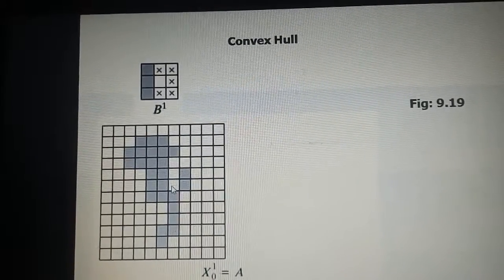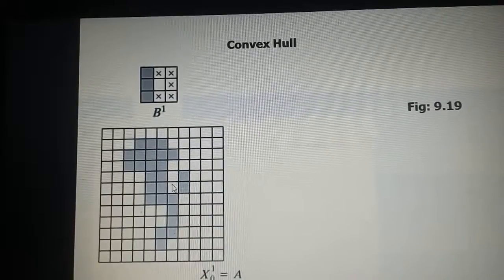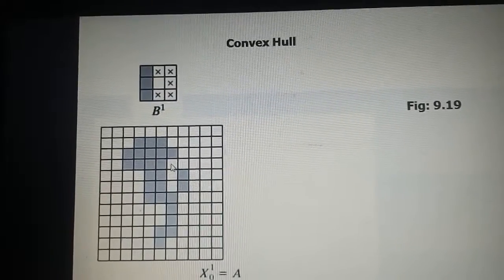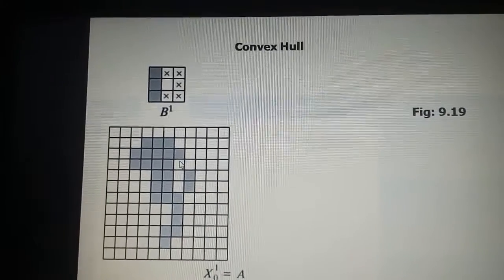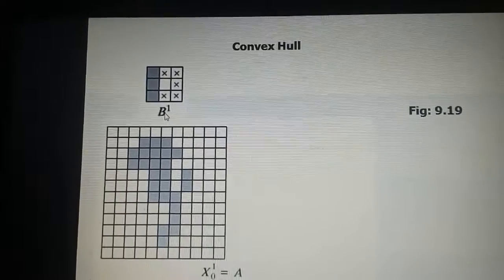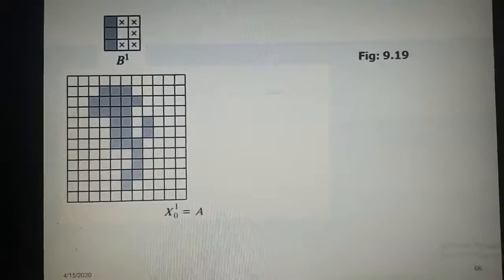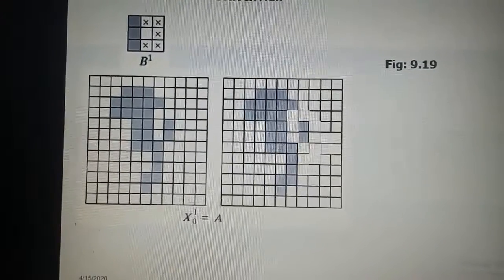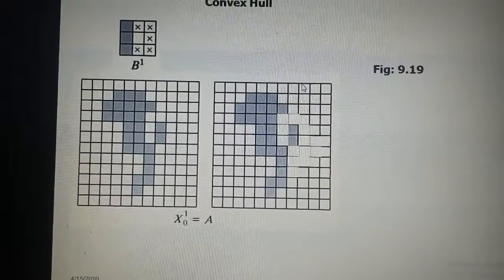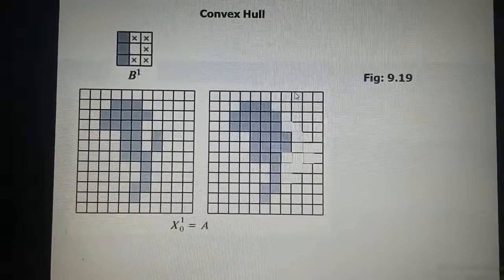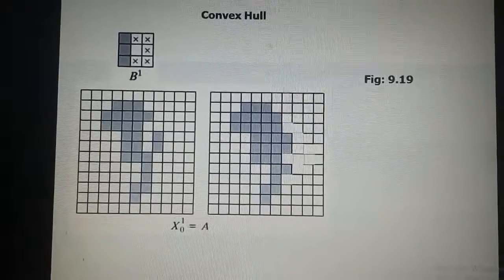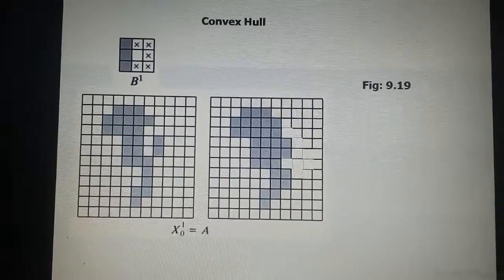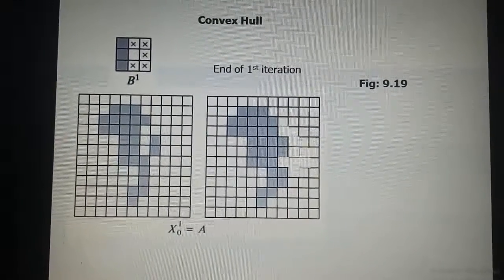So all these three are the set of matches for the particular structuring element. So in the first iteration we are going to identify those points. Similarly these points. So this is the end of the first iteration.